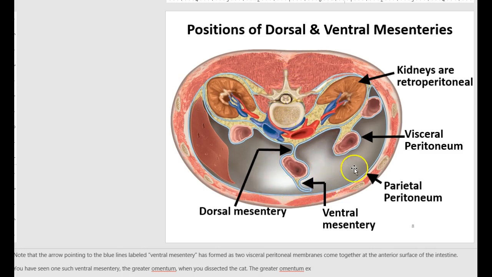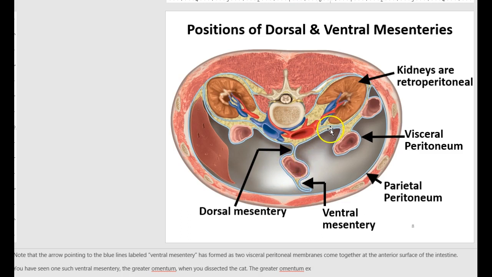So this is the cavity, this gray. And any blue line that's on the wall we would call the parietal peritoneum. And then also the blue lines that surround the organs we would call a visceral peritoneum.